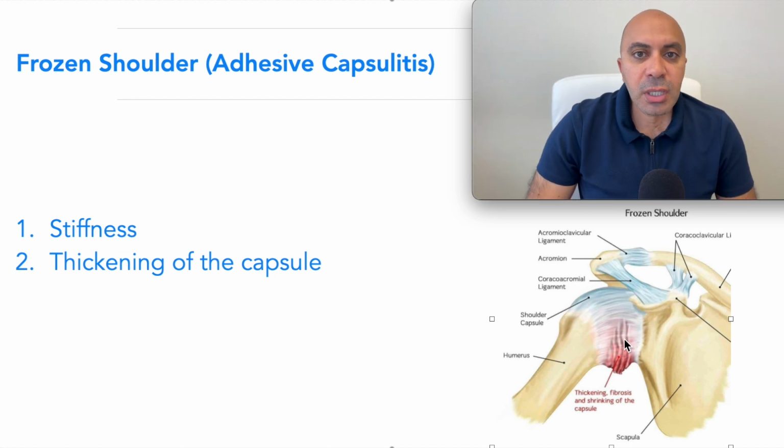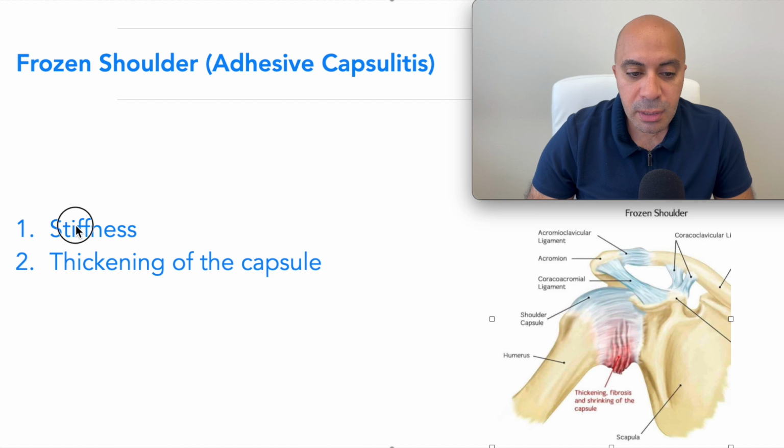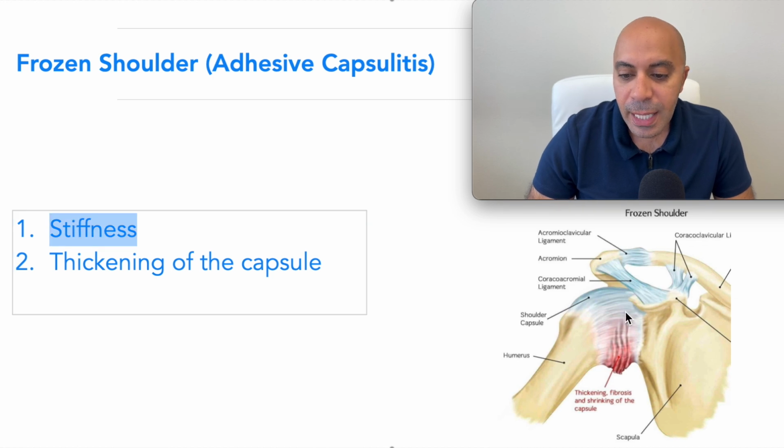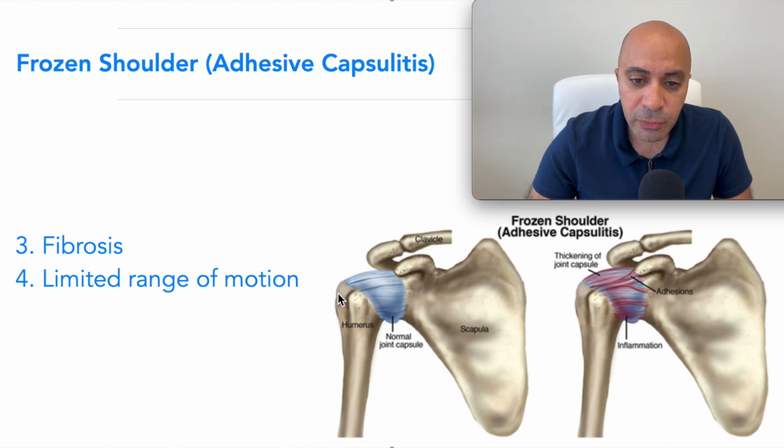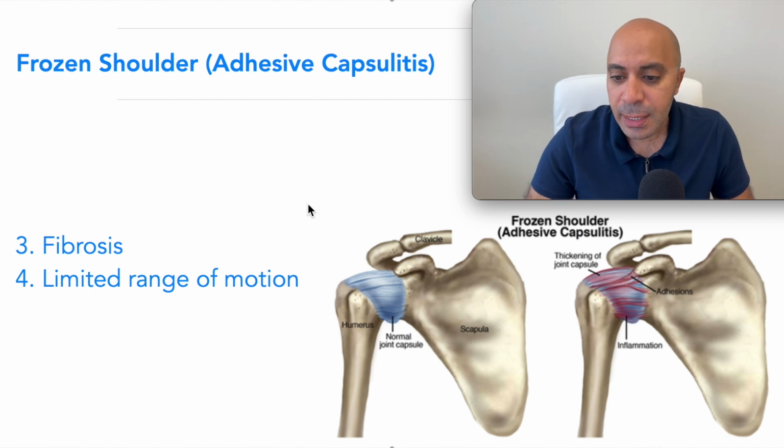By definition, with adhesive capsulitis, you will start to have stiffness and thickening in the capsule here, and you see the fibrotic tissue. You will also have limited range of motion, and these are the signs you need to pay attention to because they are very classic for frozen shoulder. I will go over that in the next slide.